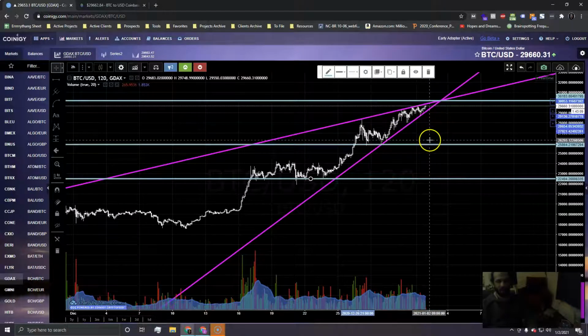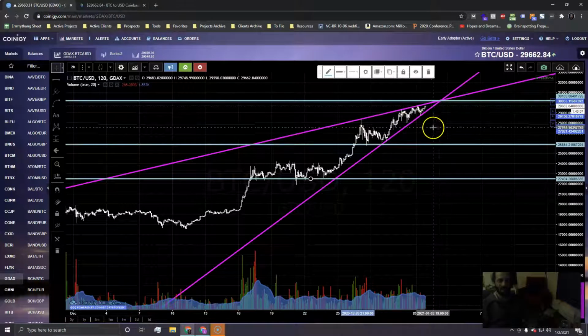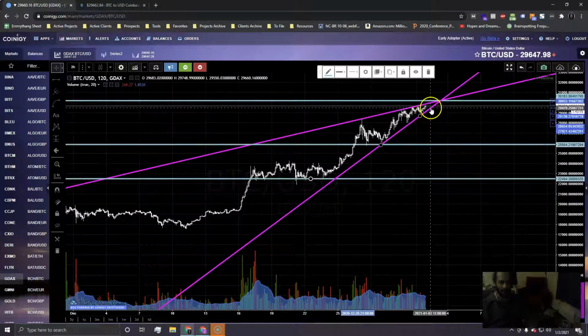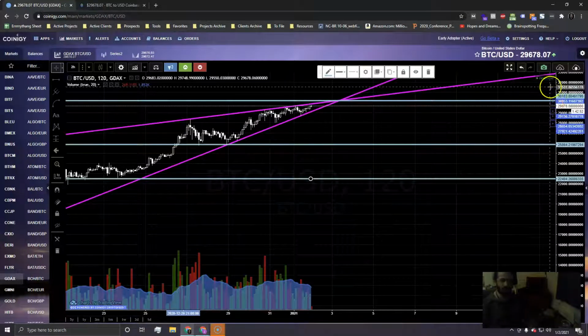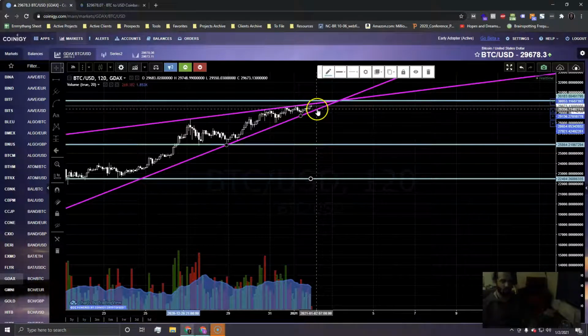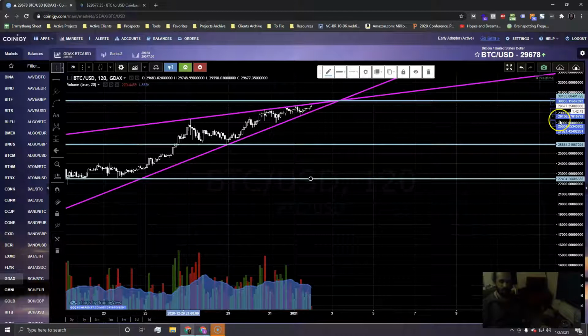And I'll be buying at all phases as it does, but I may sell out of my current gains if it breaks this upward trend line. I have some alerts set here. You can see different price levels that I will get a text message if it goes above $30,053, or if it goes below $29,150, let's say.